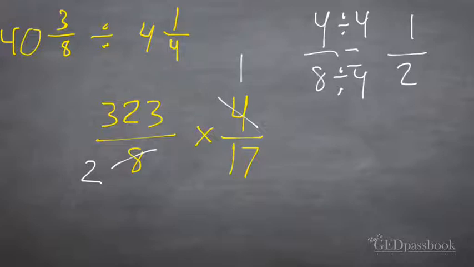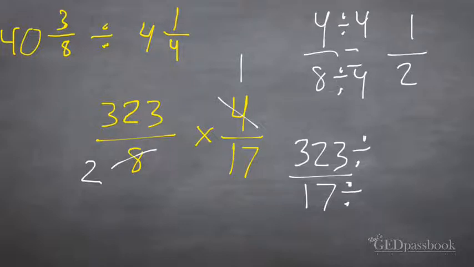But just for fun, let's check this. 323 over 17. What do we want to divide by? 17. It's literally the only number that I see, because 17 is not divisible by anything else.